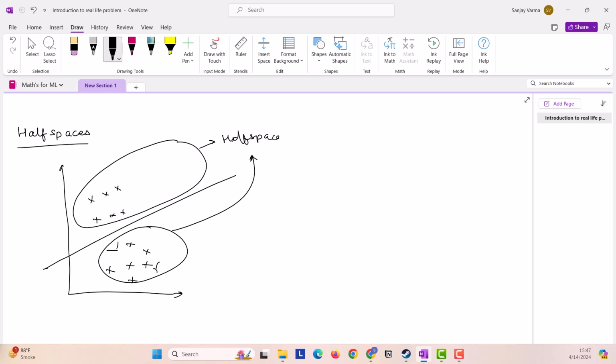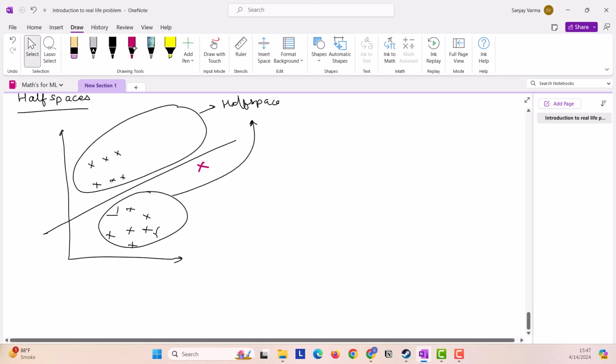So let's say a new point comes up somewhere, right? And we want to figure out in which half space it will go. So that's our problem, right? We want to figure out, if a data point comes up, what is the type of it, in which half space it will go. So let's understand this.